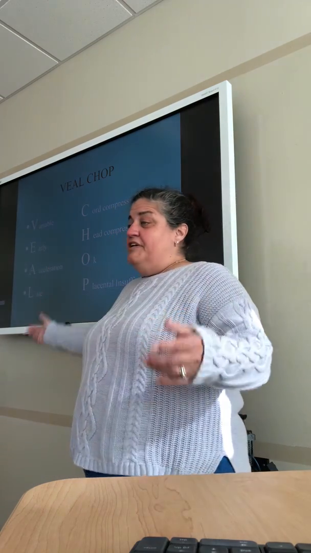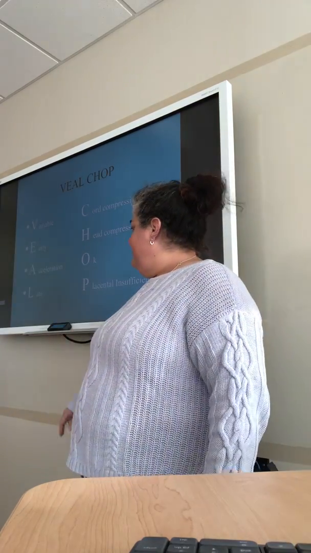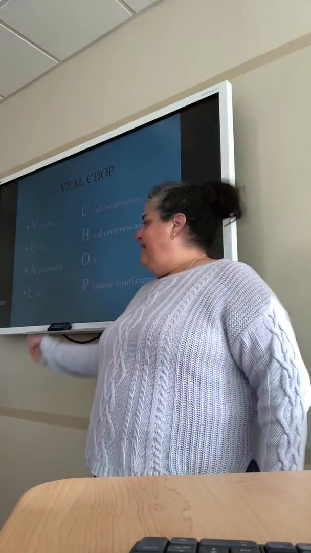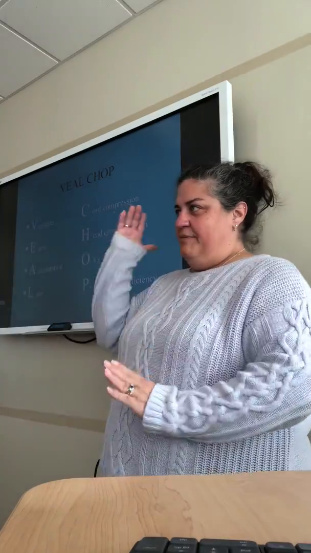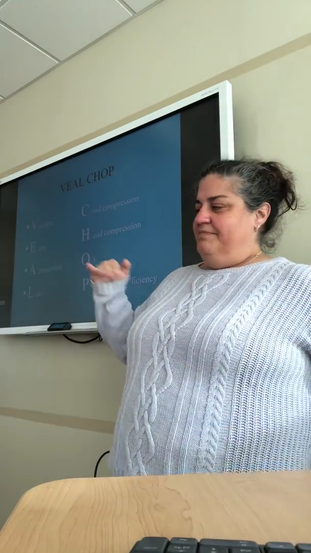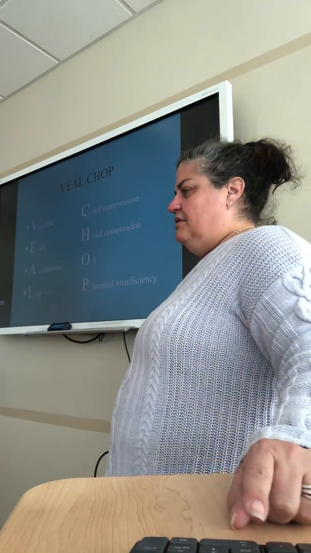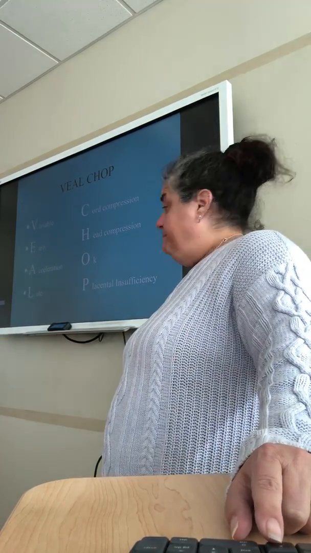A is acceleration, which is the other change that we talked about. And that's okay. That's good. A-okay. L is late, and it's placental insufficiency. So that's just veal chop. If you remember veal chop and they match up, then you'll remember what each of those fetal heart rate changes means.